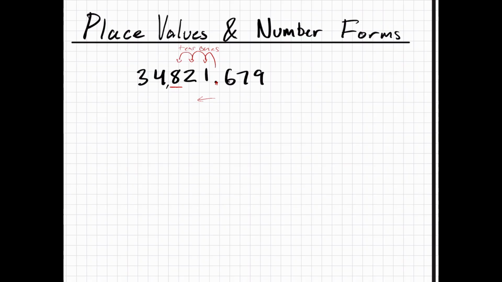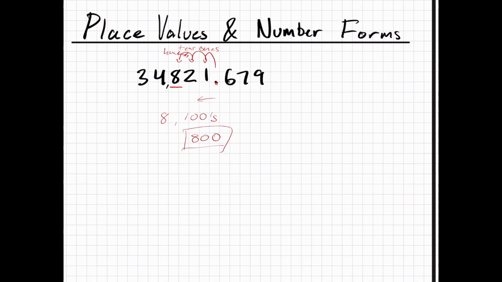If we go over again, this is the hundreds place. Okay, it's a little bit sloppy, but hundreds place. So this 8 represents 8 100s, or 800. So if it asks you what is the digit in the hundreds place, it's 8. And if the question asks you what is the value of the 8, it's 800, okay?